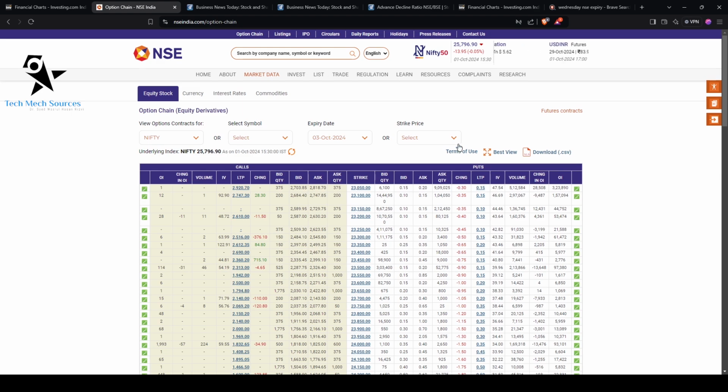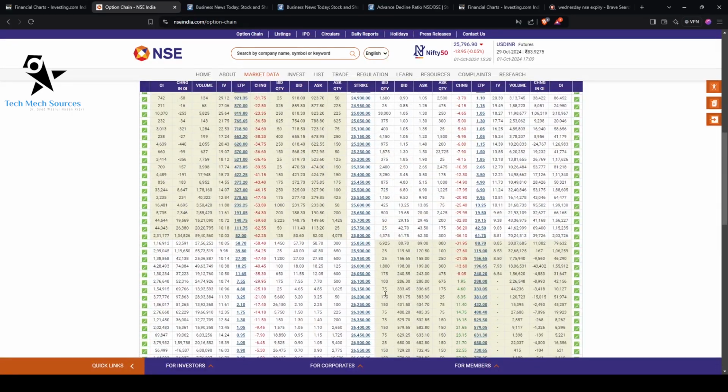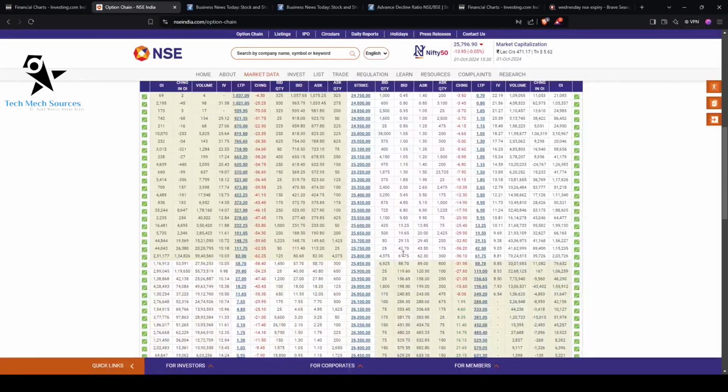I am not looking for any strike price, but I just want to see the prices of the options. Okay, so as we can see here, 25,800 and 25,850. You can see a yellow mark here and the yellow box here. So that means the index closed between 25,800 and 25,850.